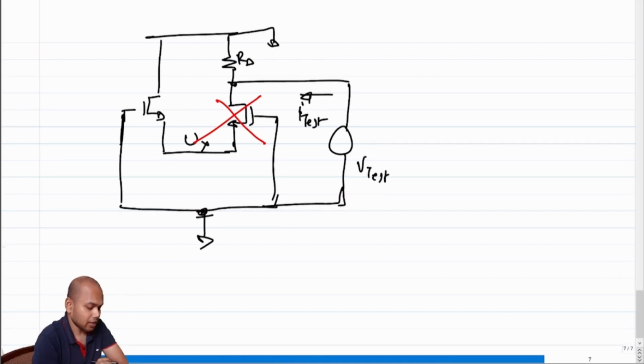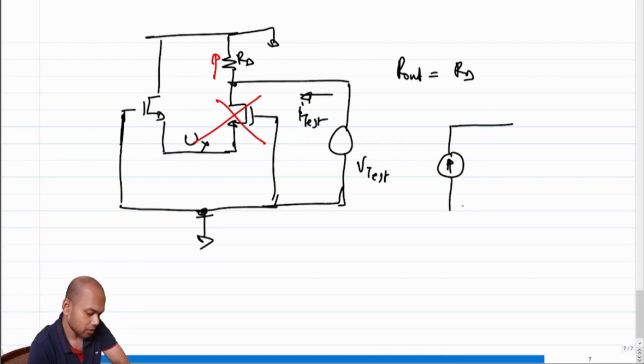Then where will the test current go? The test current can only go upstairs into RD. So what is R out then? R out is equal to RD, right? So what is the Norton equivalent of a structure? The Norton equivalent of a structure becomes a current source.